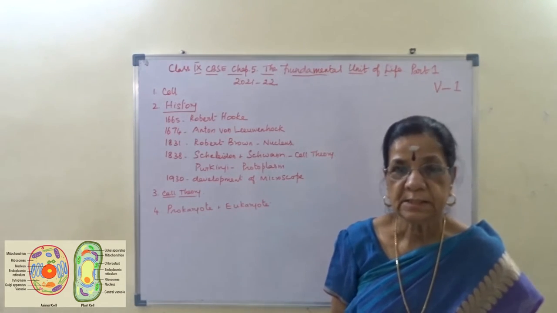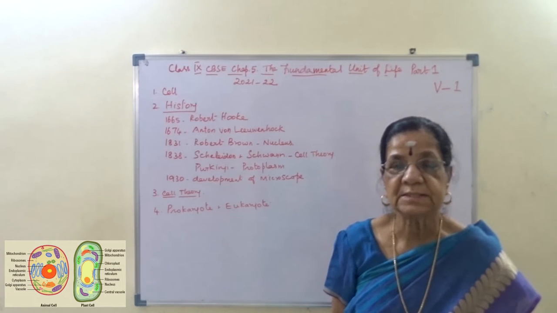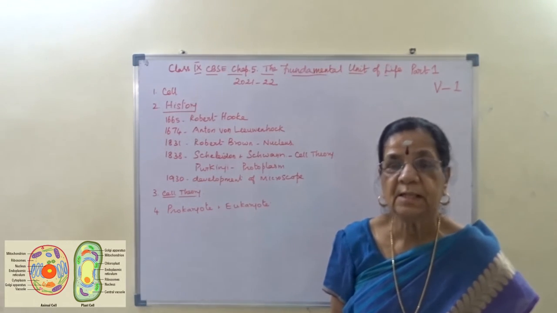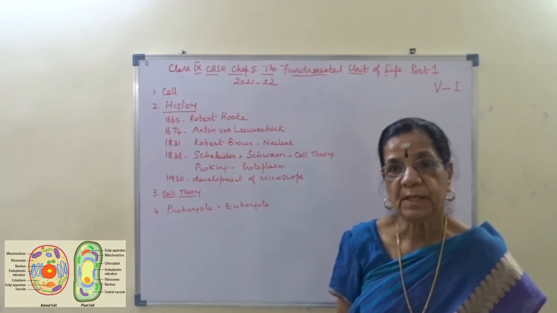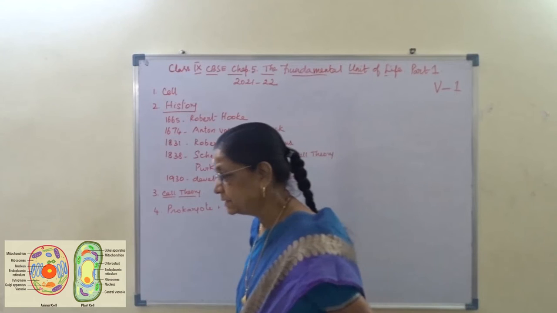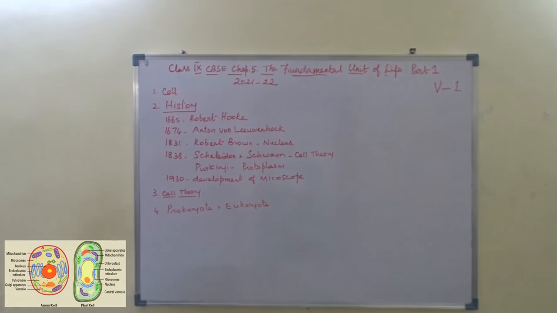It is dealing with cell structure and function. Last year we studied cell structure and function. With a little more detail, in an elaborate manner, we are going to learn this lesson, fundamental unit of life. Now go through the whiteboard, what is written, you can recollect something.